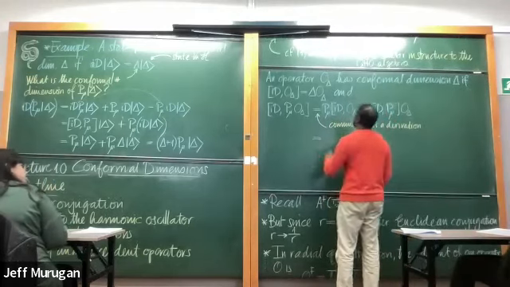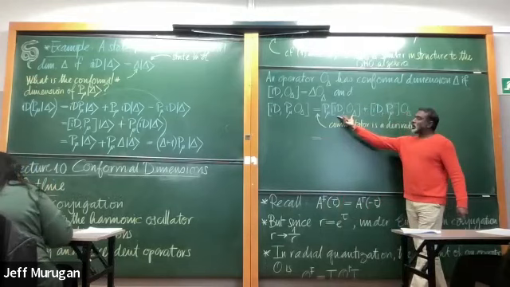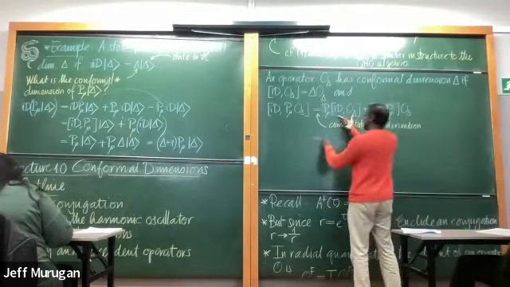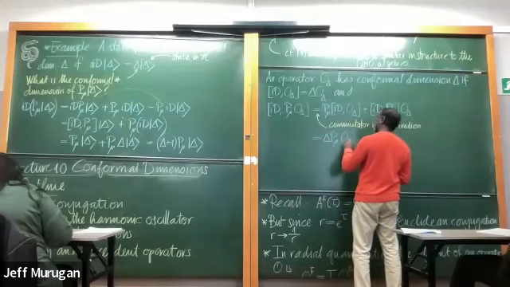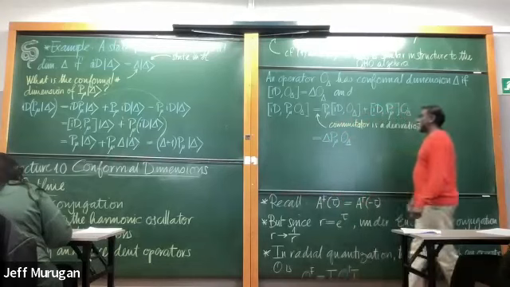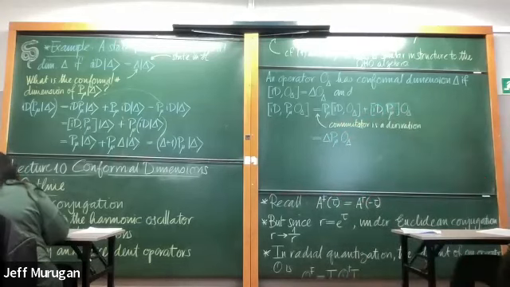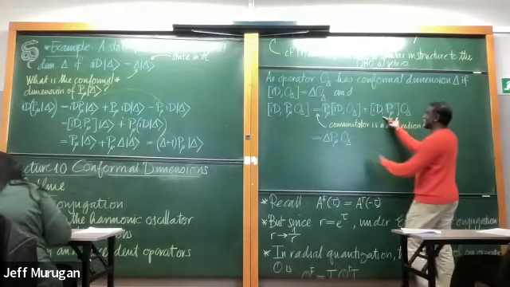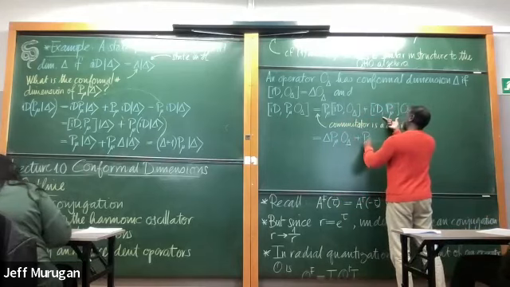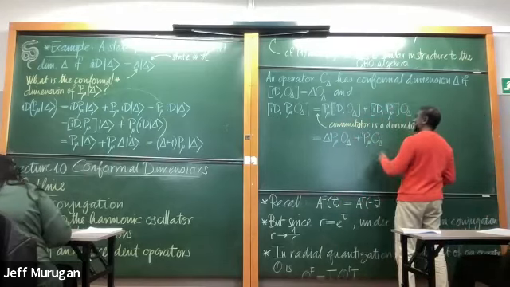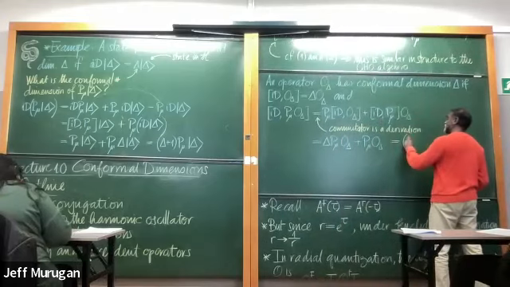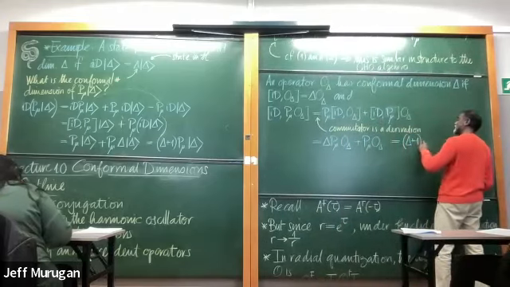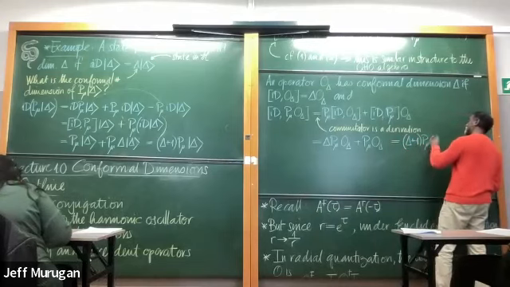Well, I know that O has conformal dimension delta, which means that this is just delta P mu O delta. And then the other, ID commutator with P mu, is just P mu O delta. So again, this is just delta plus 1.